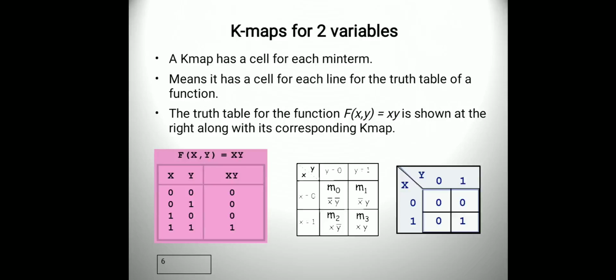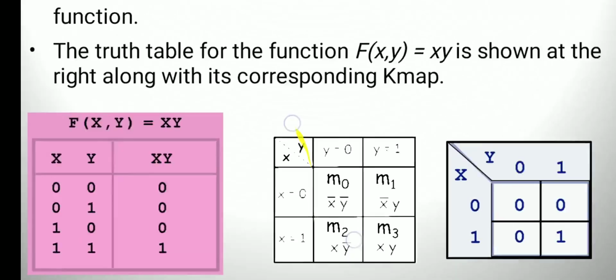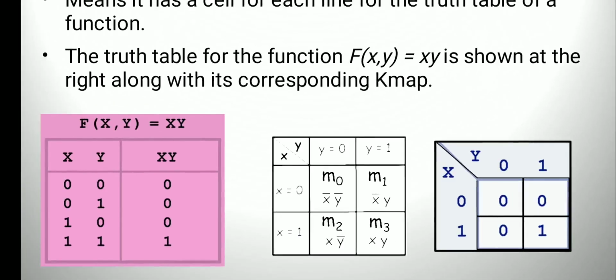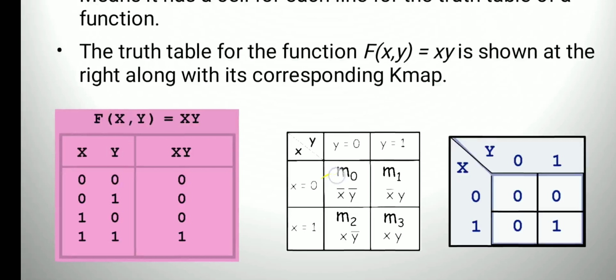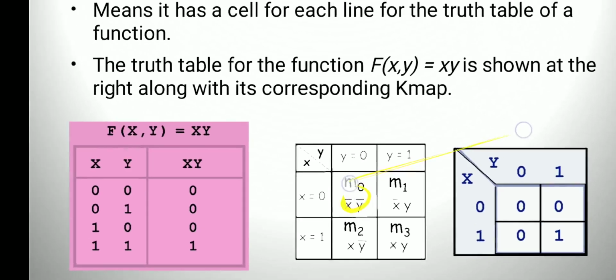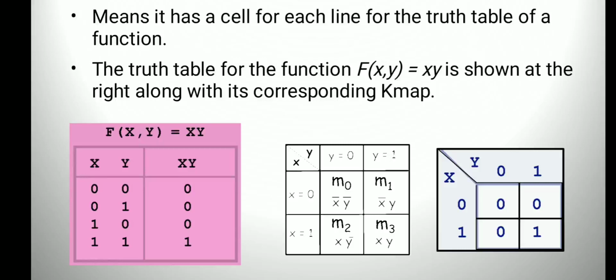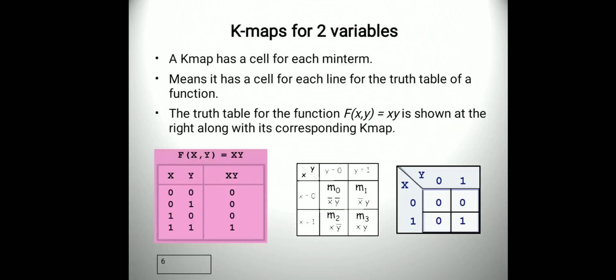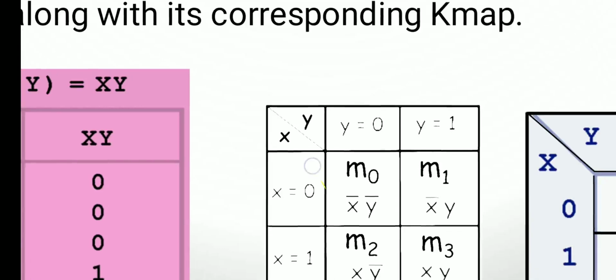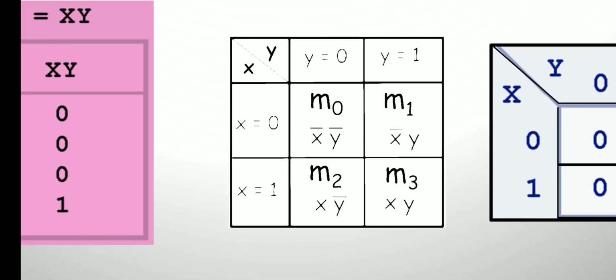See here, x and y both are 0. Then there is a cell called M0, meaning this minterm is shown by the 0 condition. The minterm for x equal to 0, y equal to 0 is written as x complement, y complement.